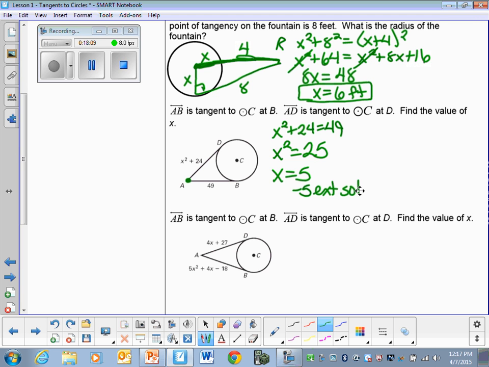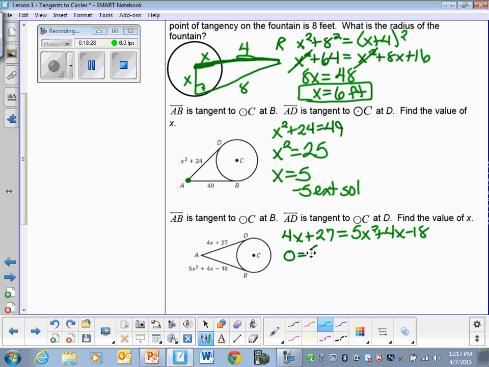We've got AB tangent to circle C at B and AD tangent at D. Find the value of x. Again, they will be equidistant because they are tangent from the same external point.